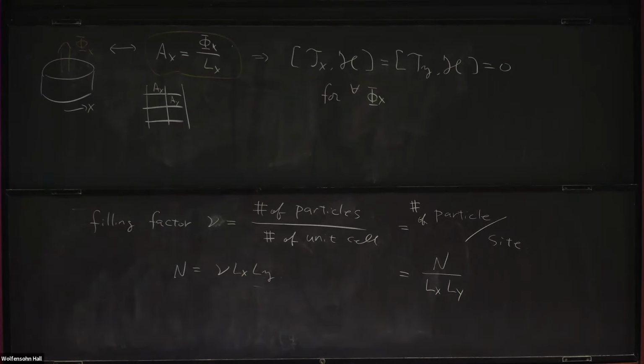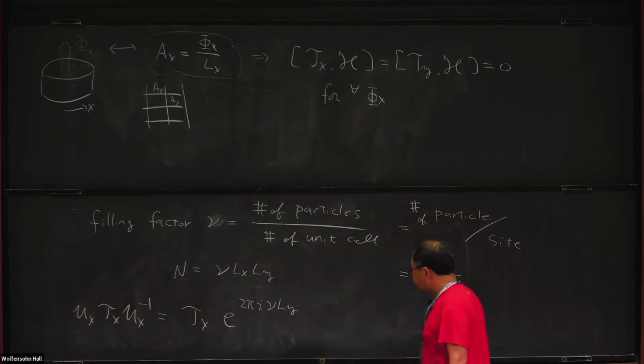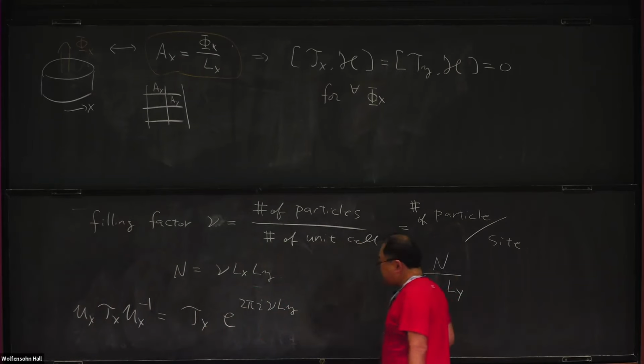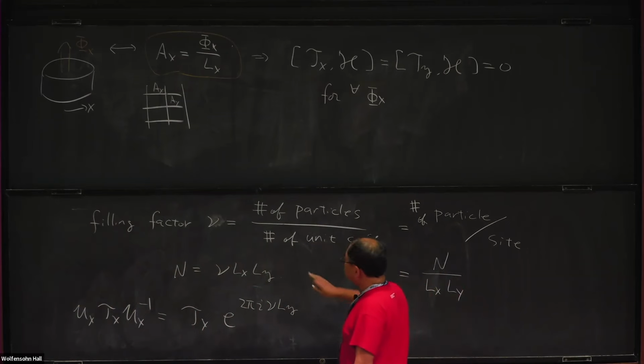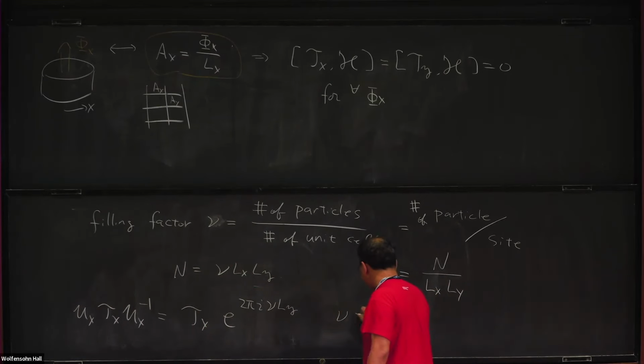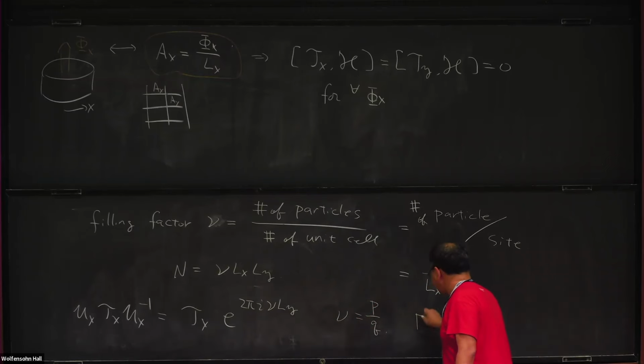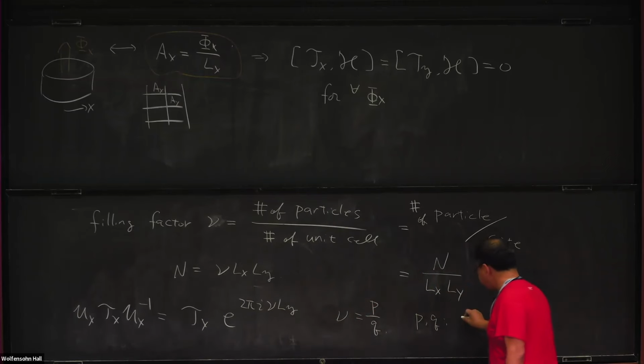So this means that Ux Tx Ux inverse is Tx times e to the 2 pi i nu Ly, because Lx just cancels. And I want to fix this nu to some fixed number, usually a rational number.